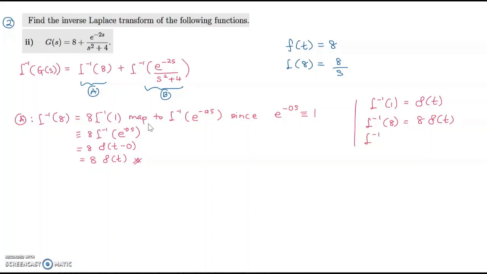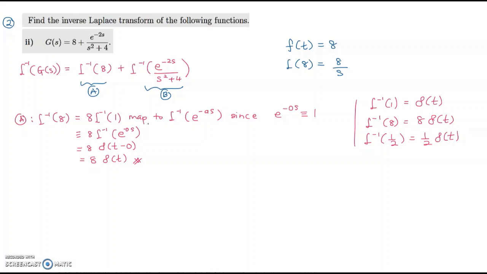Similarly, if you have the inverse of 1 over 2, then it is 1 over 2 delta t. So whenever you have a constant alone in the inverse, the answer should be in the form of the Dirac delta function. I hope you can remember that one, because this is quite a famous term to be asked in the exam.